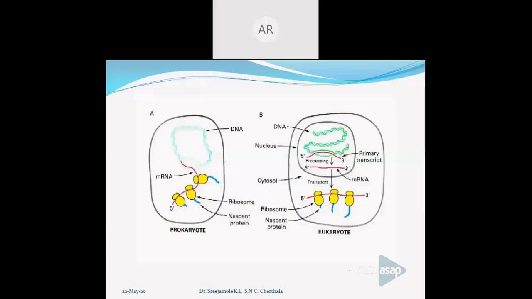Any mutation, if it happens in the DNA, will definitely be reflected in the mRNA. So if any mutation happens in DNA, that will be transcribed to the mRNA, and that will be translated or present in the proteins. So definitely there will be an effect.